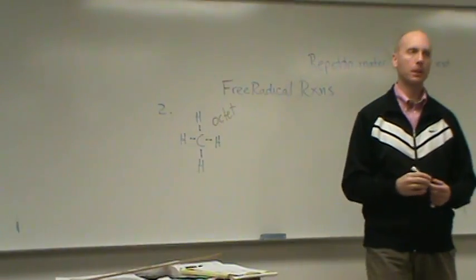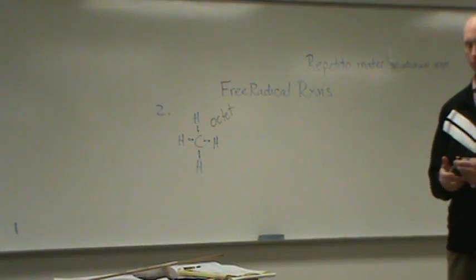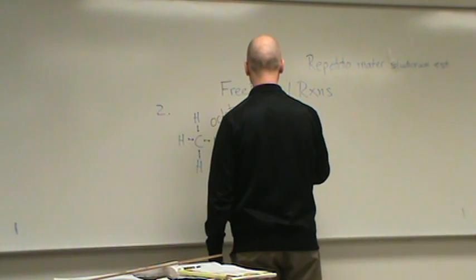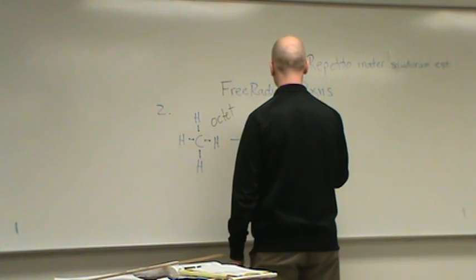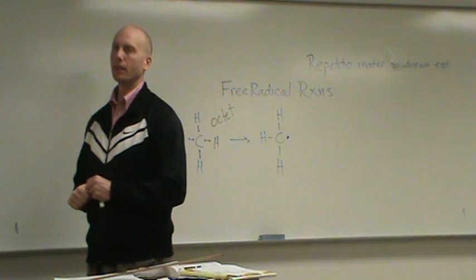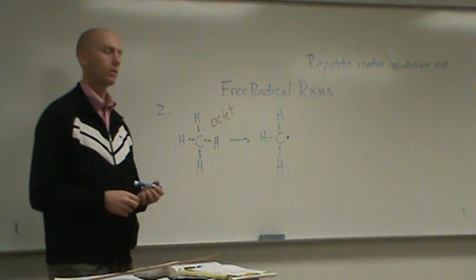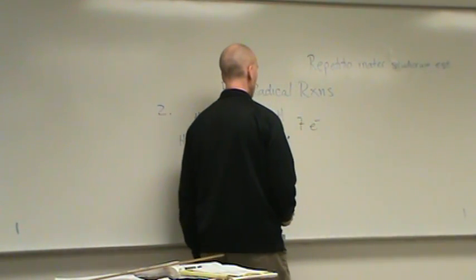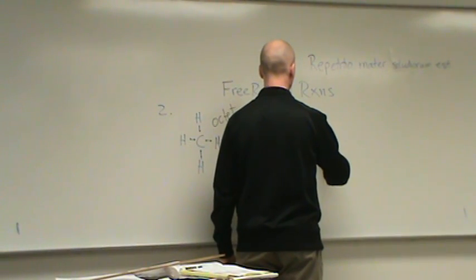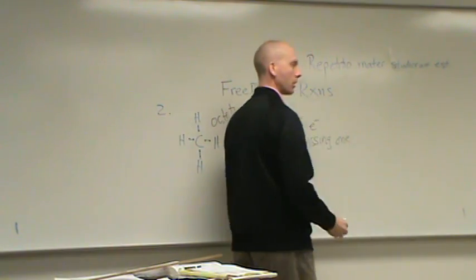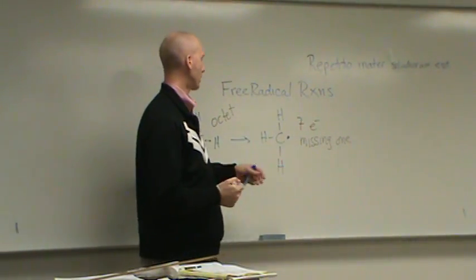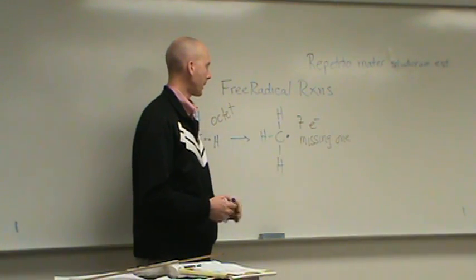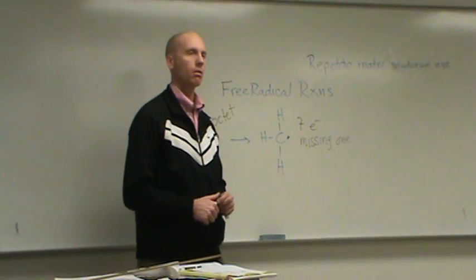So methane is very happy to have 8 electrons. But what happens when we make the methyl radical? How many electrons does the carbon have now? 7. Here I'm missing 1 electron from the octet. So is this thing very happy here? No, it's angry.